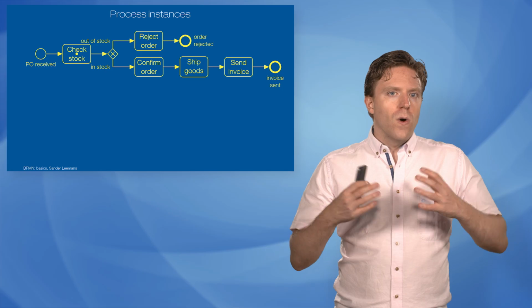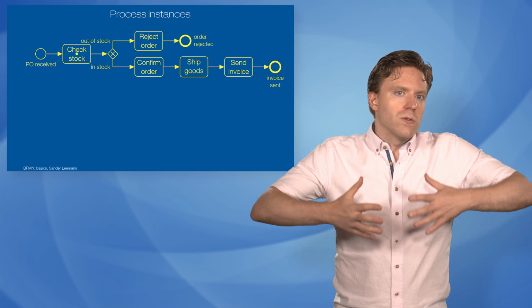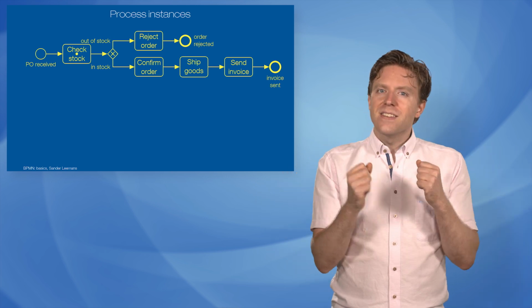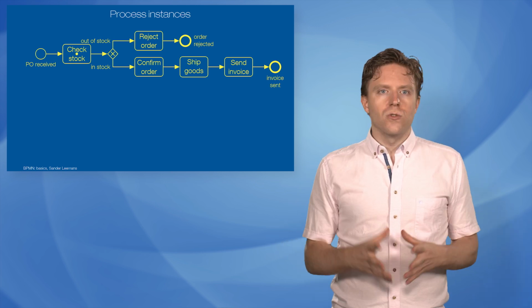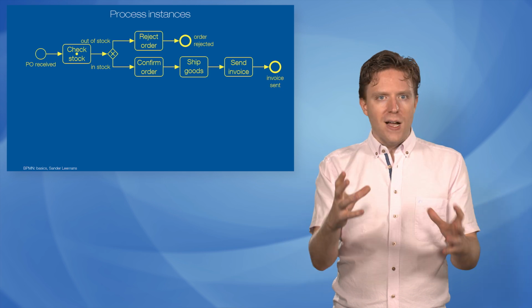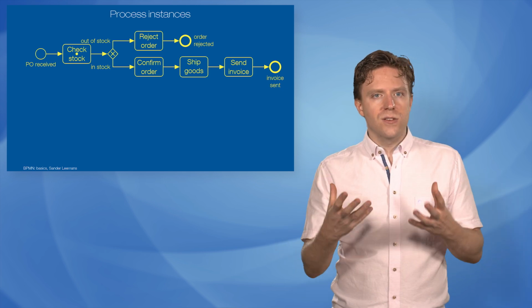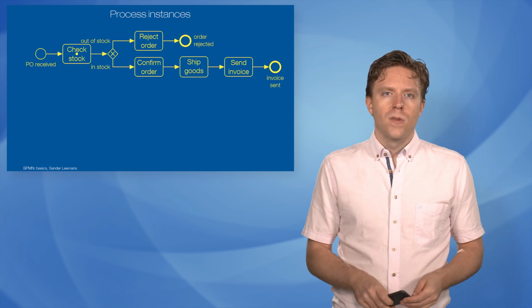Once check stock is active, this means that somebody or some machine is taking the purchase order and checking, is every item in stock? The result is then stored somewhere. But this check stock task indicates that somebody does that work. That's what this box means in this model.